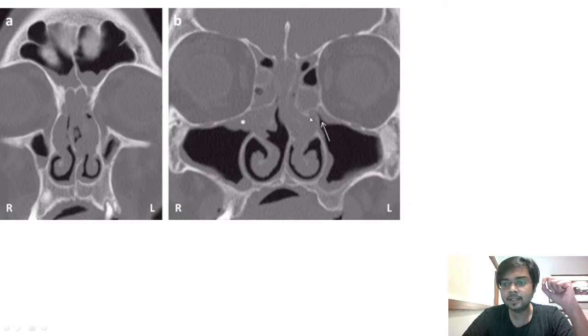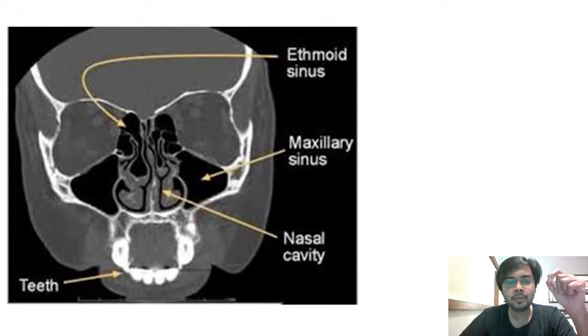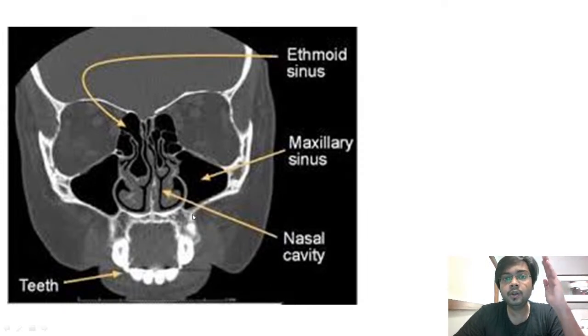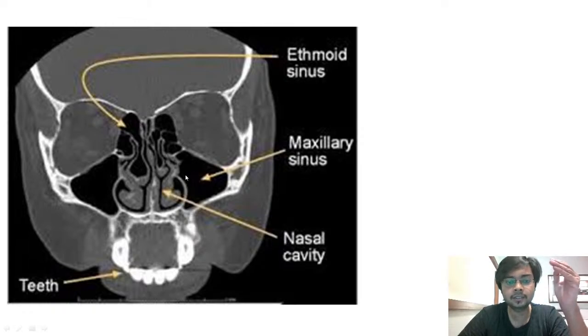And how can you say it is ethmoid by this normal CT scan? This is just given to make you understand the normal look of this nose and paranasal CT scan. If you see here, this blackish cavity is your maxillary sinus. This is your inferior turbinate, right? Bilaterally inferior turbinate. Here you can see the middle turbinate.